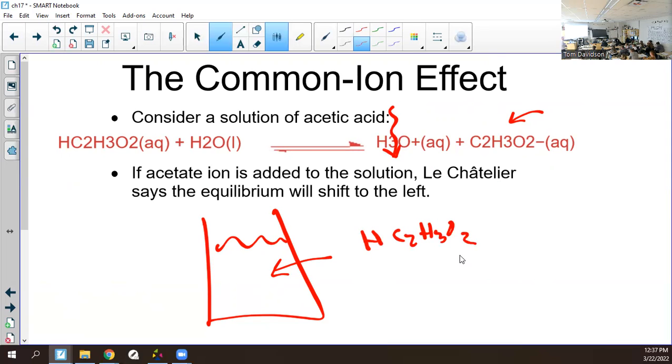What else do I have in there? All right, I have HOH. What else do I have in there? I have some C2H3O2 minus. You with me? Okay. So in here, I do have a tiny bit of H plus and OH minus, but a real small amount.